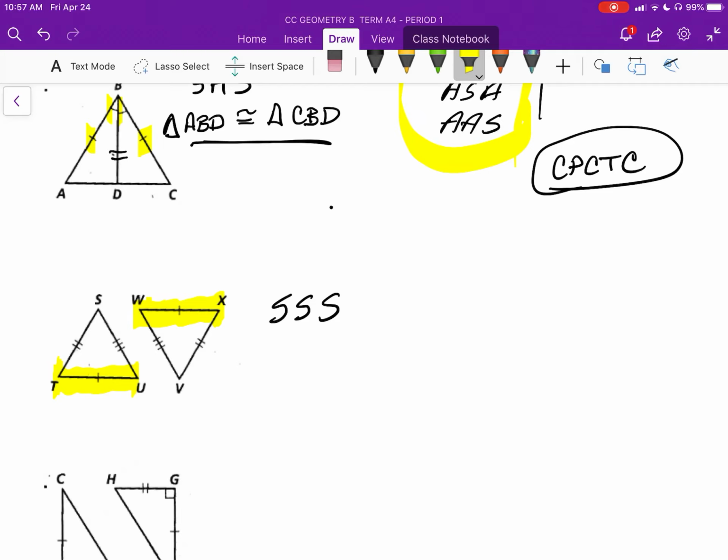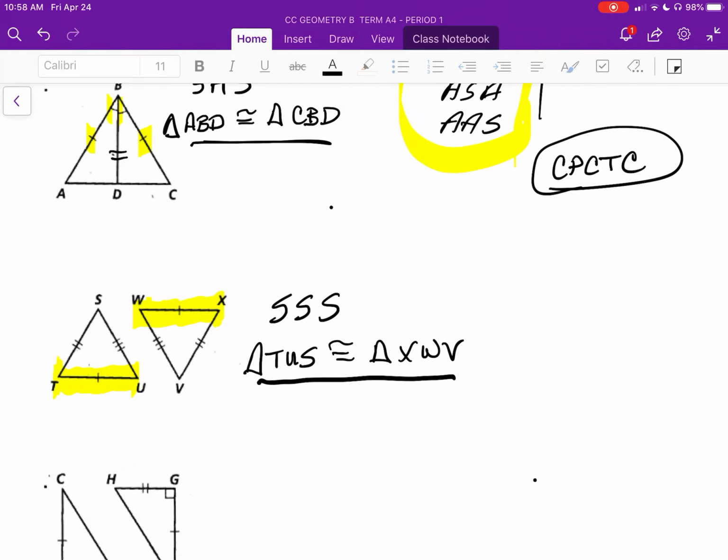So I'm going to say triangle TUS is congruent to triangle, looks like XWV. And that's important because then we can match up all the congruent sides and congruent angles if we have this congruency statement. See, sometimes they're turned around. You have to look at which direction you have to walk around the triangle.